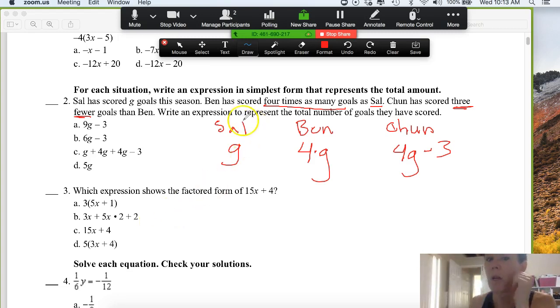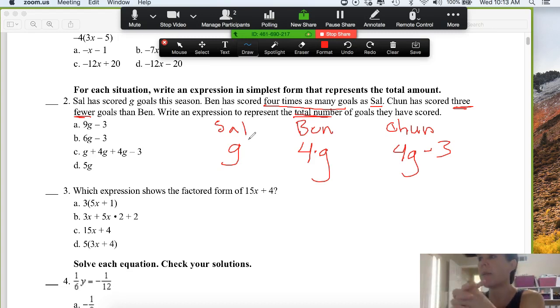solve the equation? So what I'm asking you is to tell me, how do I make a total? So I want to know together how many goals have they scored? If I have Sal's, Ben's, and Chun's goals, how would I find out how many they scored together? Their total. I would think subtract 3 from 4, but then the G's right there.